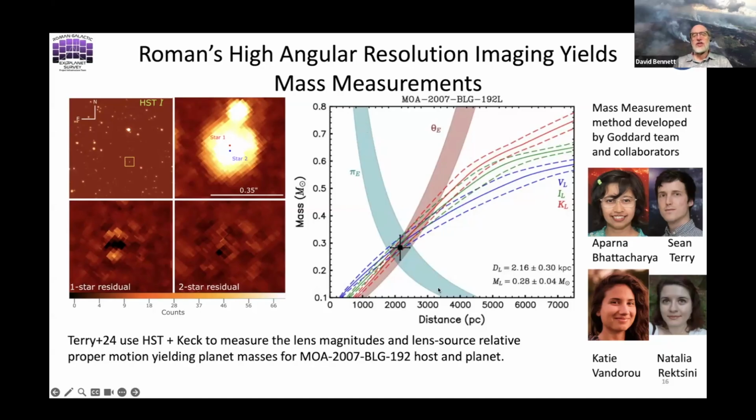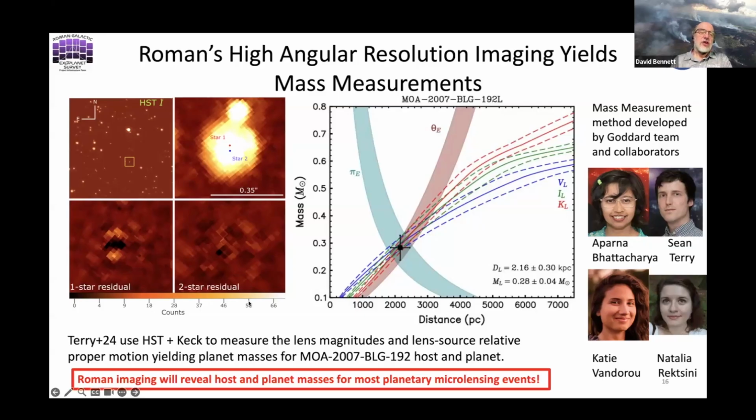There's a microlensing parallax effect, which is due to orbital motion, in this case the orbital motion of the Earth; with Roman, it would be the orbital motion of Roman. And then there's the angular Einstein radius, which comes from either finite source effects or by measuring the rate at which the lens and source are separating. These give different mass-distance relations, and they all converge on the same solution, which gives us confidence that we're really measuring the mass.